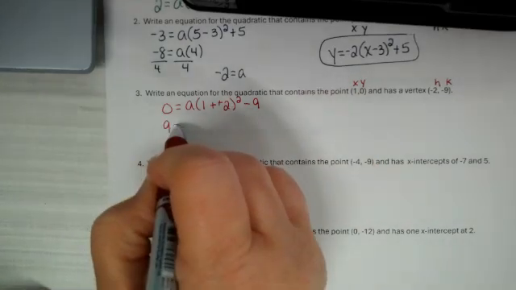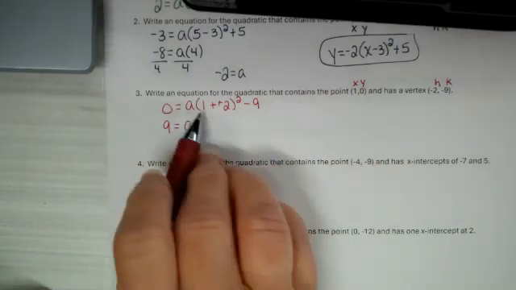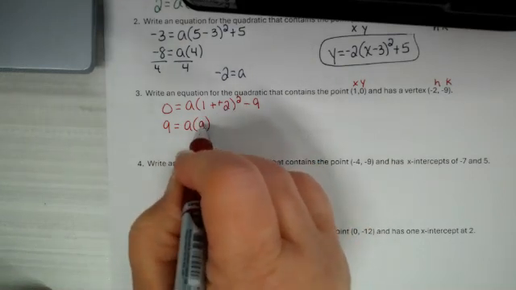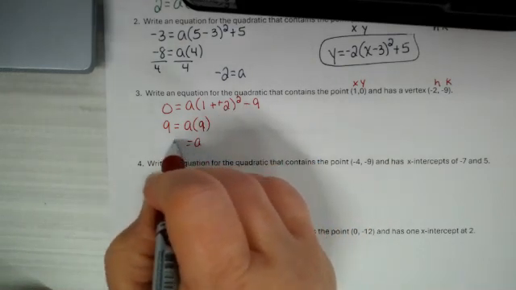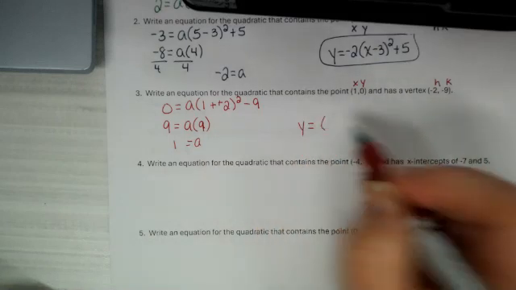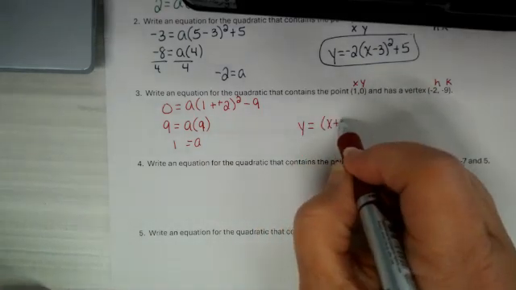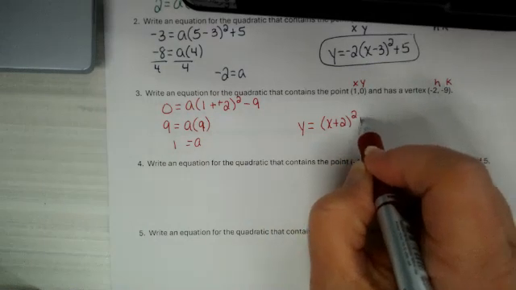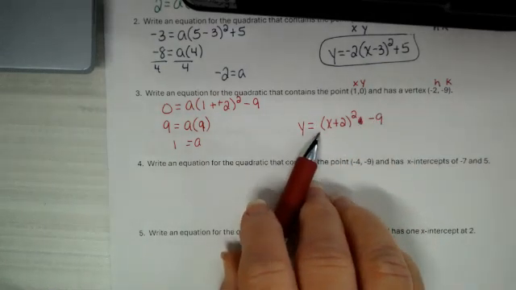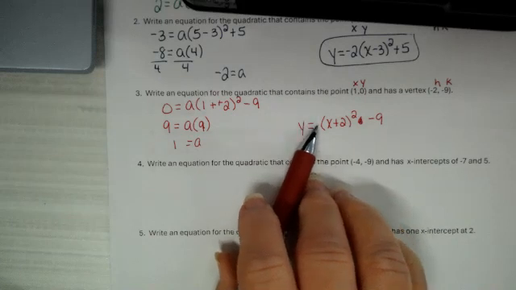Add 9 to both sides. 1 plus 2 is 3. 3 squared is 9. So it looks like a is 1. So y equals, now I don't have to put a 1 in front of my parentheses because it's understood to be 1. That's a minus 9. But if you put a 1 there, that's fine too. But you don't have to put the 1 there.